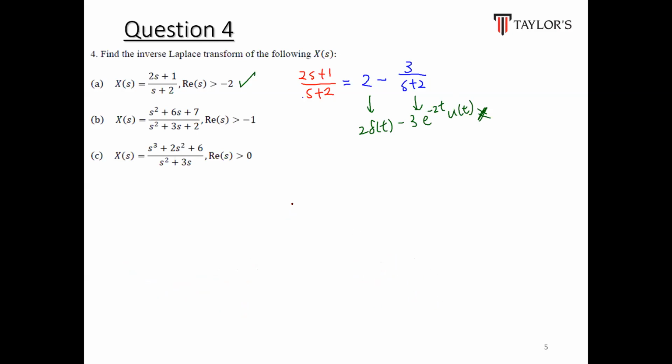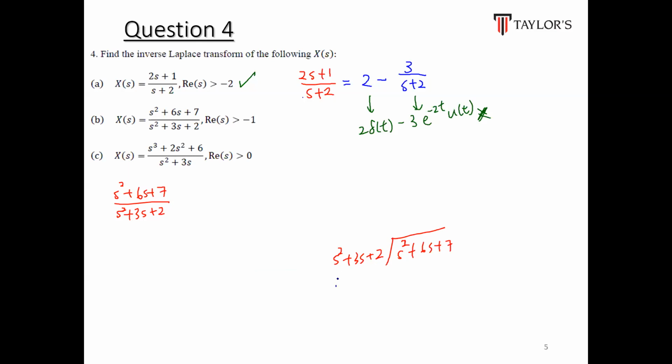All right, now let us look at B. B is also the same thing. S squared plus 6s plus 7 over s squared plus 3s plus 2. We need to do long division. S squared plus 6s plus 7 divided by s squared plus 3s plus 2. And in long division, you look at only the first term.